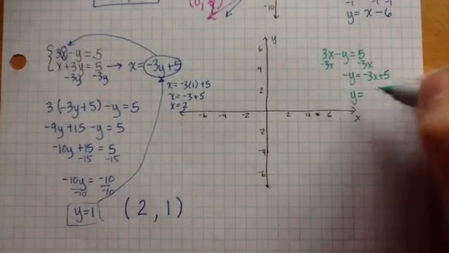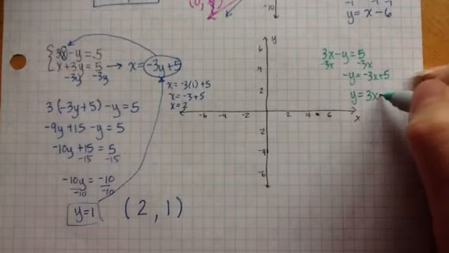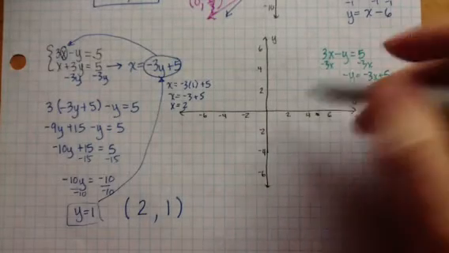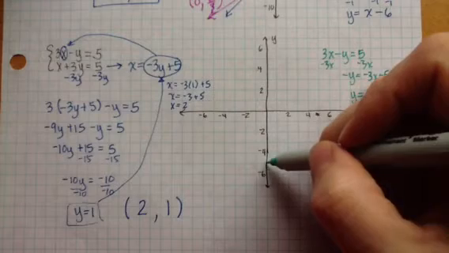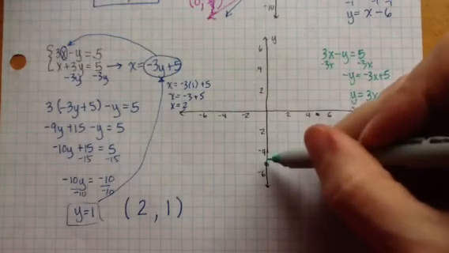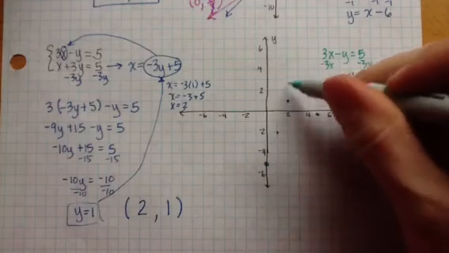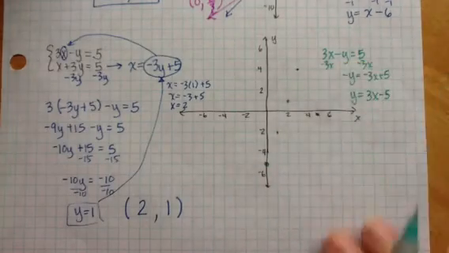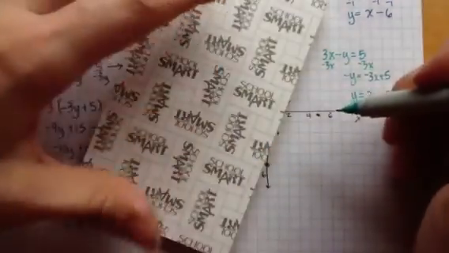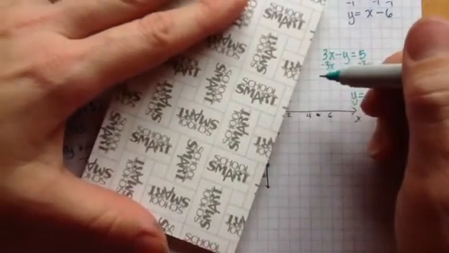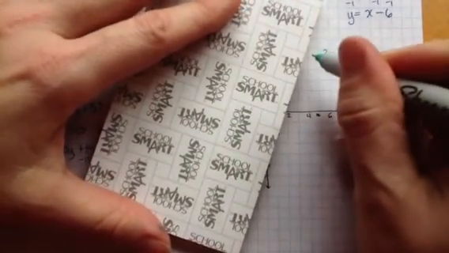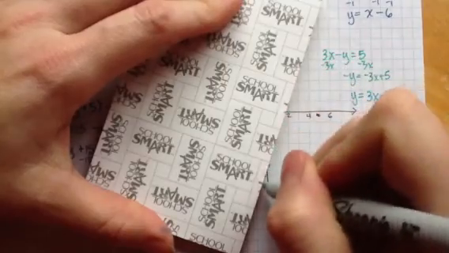So I get y equals positive 3x minus 5. So graph that. Y-intercept at -5. Slope up 3 over 1, up 3 over 1, up 3 over 1. Connect those dots.